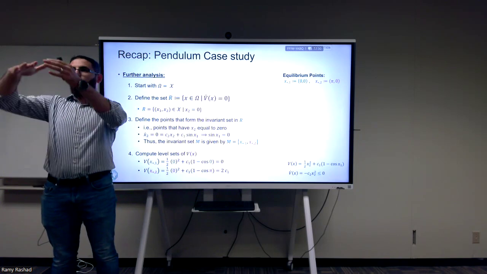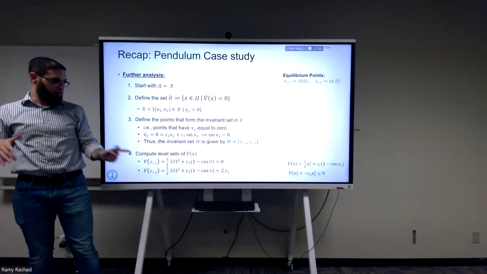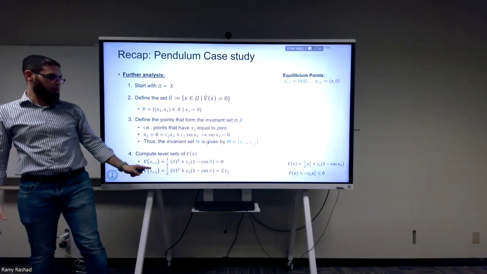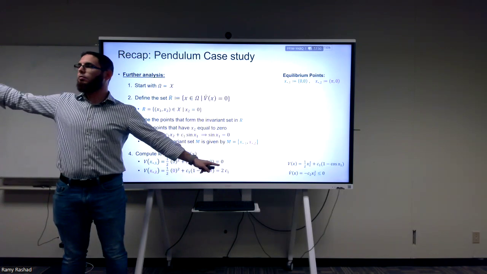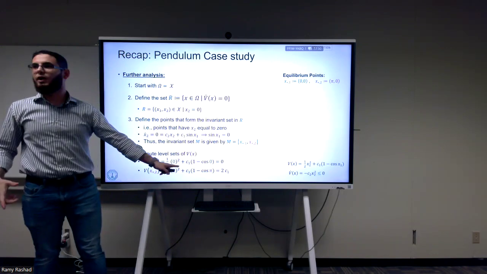Up to where should we stop with the values of X? Just before 2C1. Because if we take 2C1 and higher, it's going to be including what? The 2 equilibrium points.